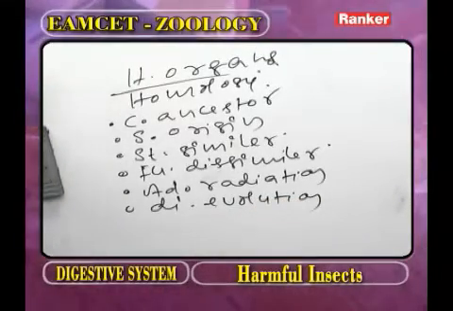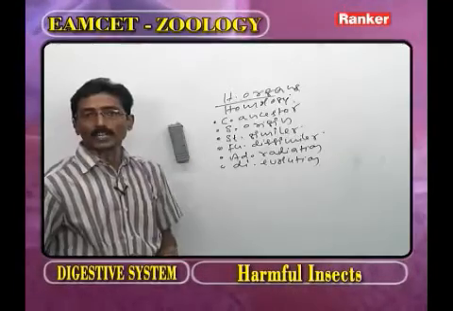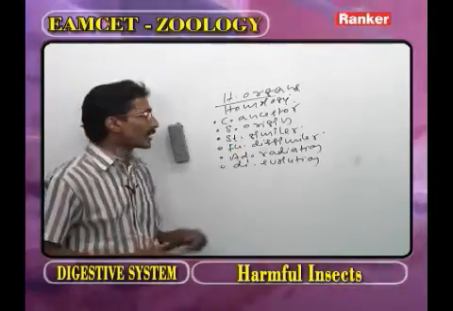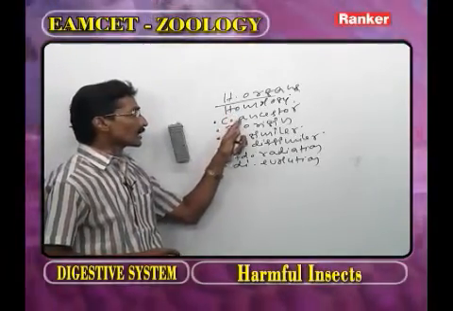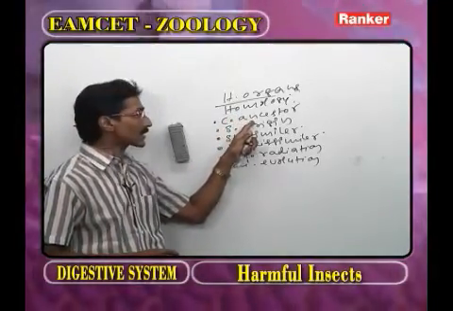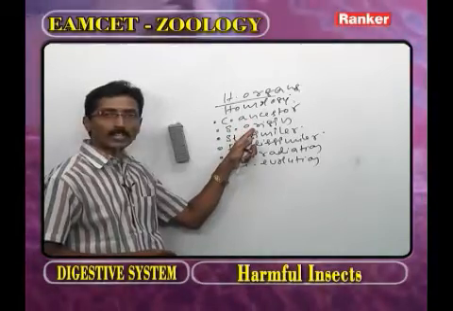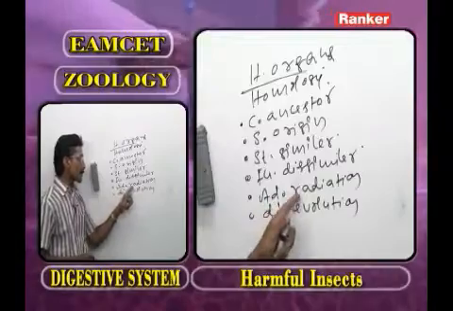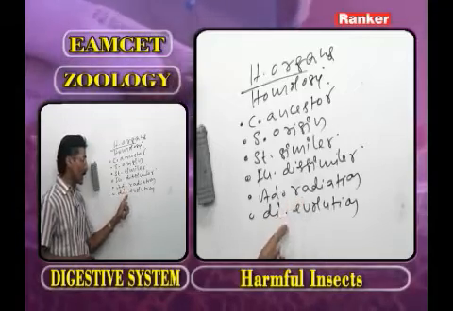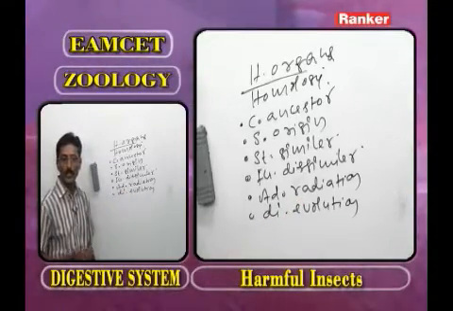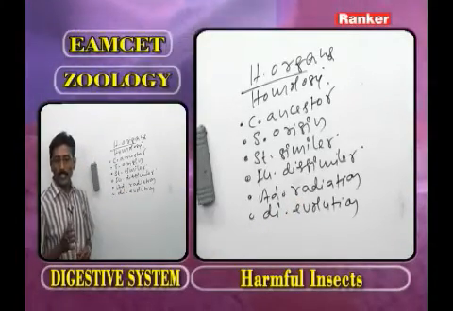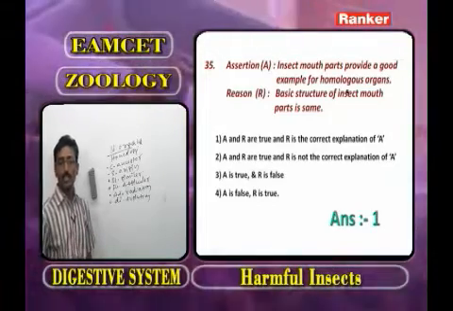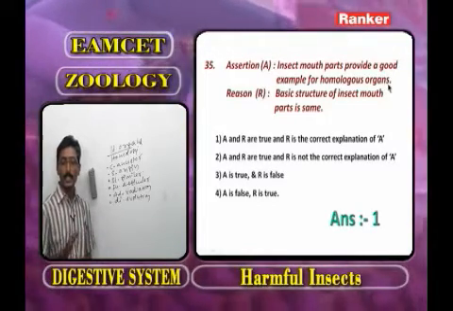Again repeating, what are homologous organs? Structurally similar, functionally dissimilar. They have a common ancestor and similar origin. Their study is called homology. They explain adaptive radiation and divergent evolution. Here the assertion, insect mouth parts provide a good example for homologous organs, is correct.